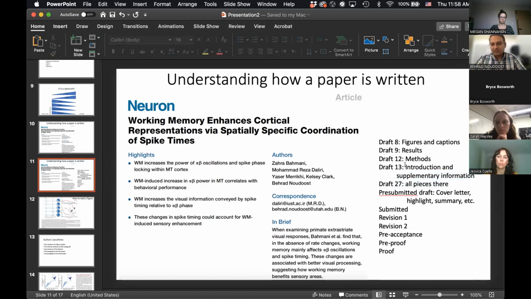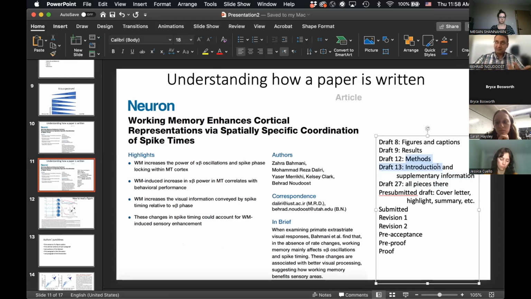And then you just gradually add these parts. If it's a paper in a field that you've been working in for a while, you already have some text describing the methods that you're using, and you already know what is happening there.